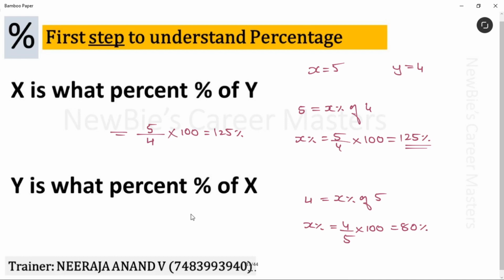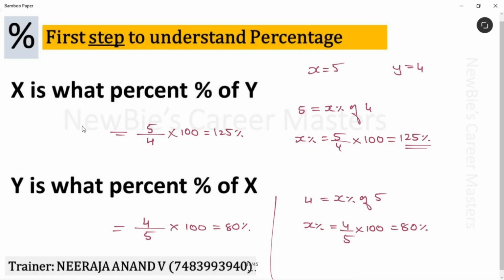Very simple, newbies. See, to get this even faster, just take X value to the denominator and Y value to the numerator. Why? Because the comparison is with X now. Okay, just multiply this with 100 and we get the answer 80%. That's it. See, we got the same answer. I hope this is clear.